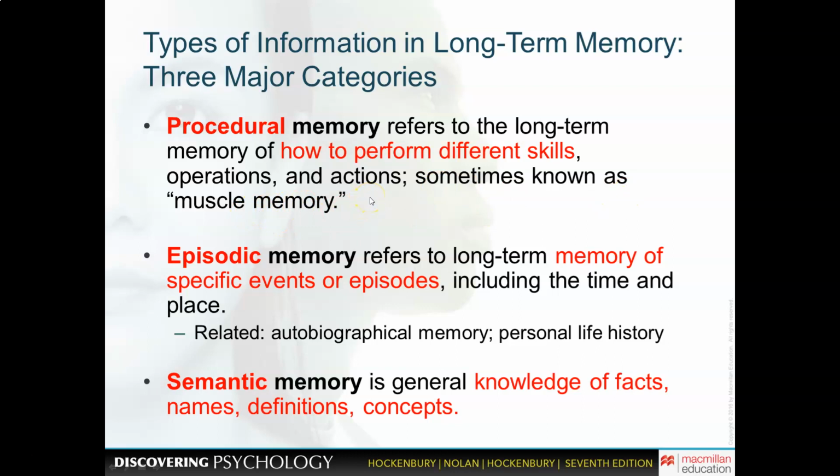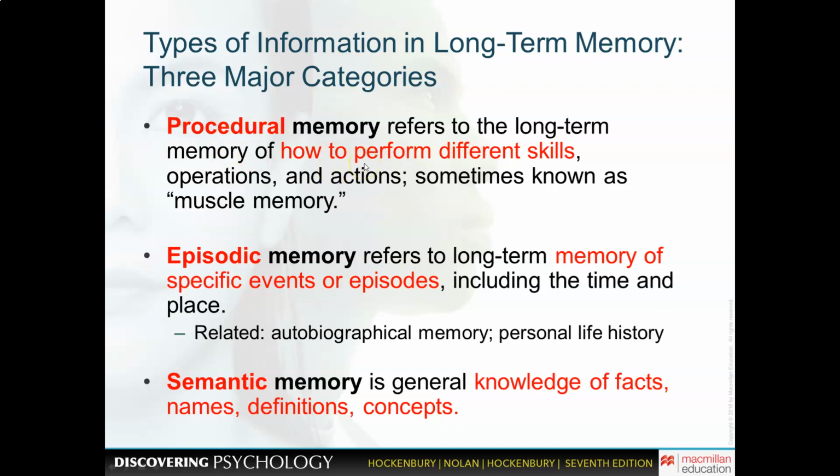That usually comes automatic, and it goes into our automatic memory. It can be things like walking, holding a fork, how to play the piano, how to do any type of skill. That is known as procedural memory.